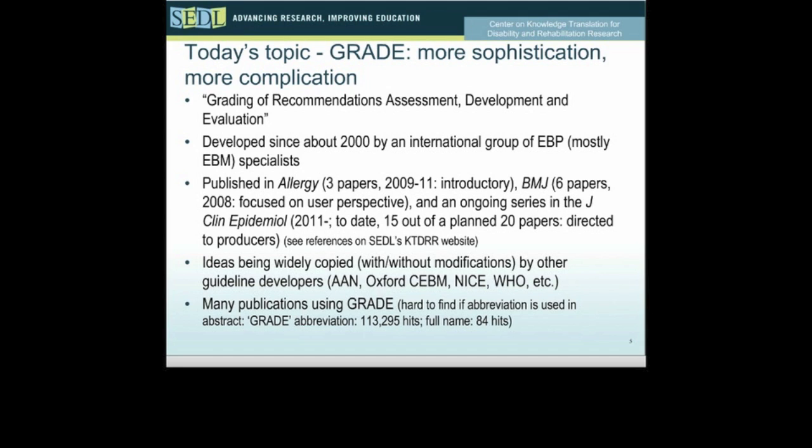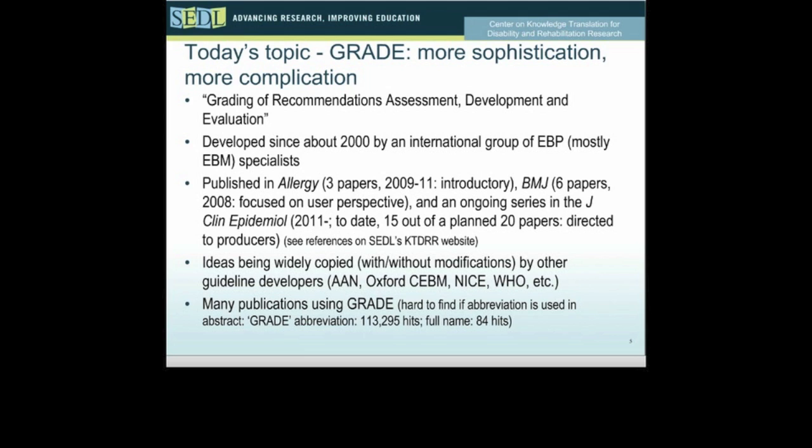The GRADE ideas have been widely copied. Some people say they take it over and do some modifications. Others presumably use the methods without modification, and then there's others that refer to them for specific components that they have built into their own methodology.